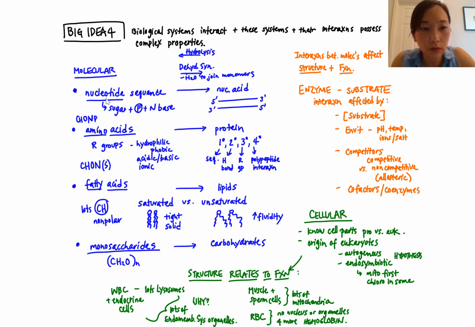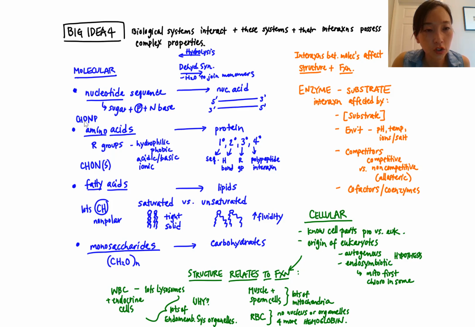So you have a string of nucleotides that will form your nucleic acids such as DNA and RNA. The nucleotide monomer consists of a sugar-phosphate backbone. It alternates, and then it has a nitrogenous base in the middle. Keep in mind, if we're talking about DNA, it's double-stranded, and the two strands go anti-parallel.